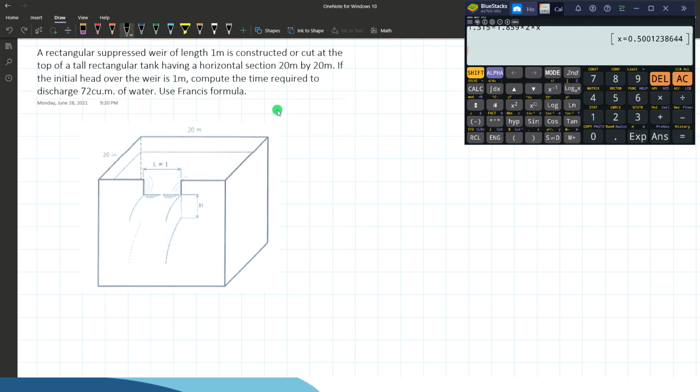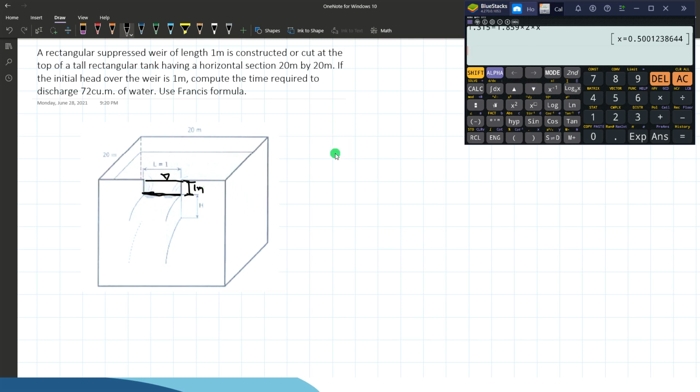So initially the opening or the head is 1 meter above the bottom of this opening. Let's say here is your liquid that has a 1 meter head.